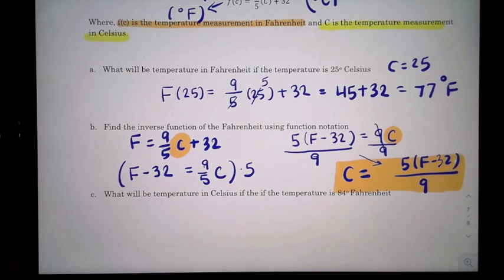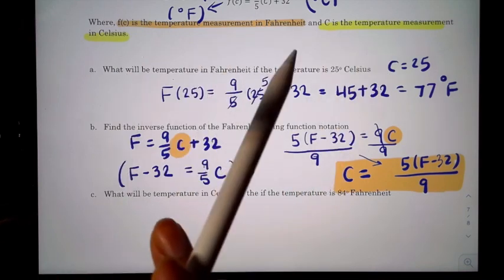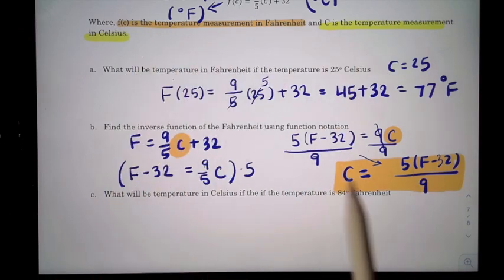Just like a regular xy function, if you switch your variable, the meaning gets a little different. Your input was Celsius and your output was Fahrenheit; if you swapped it and then solved for F again, you would get a Fahrenheit function again, right?